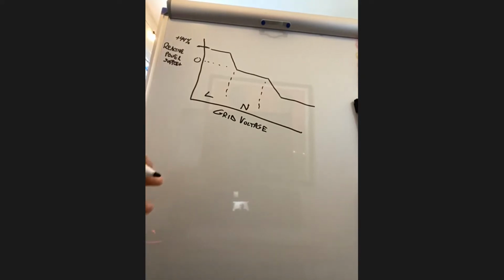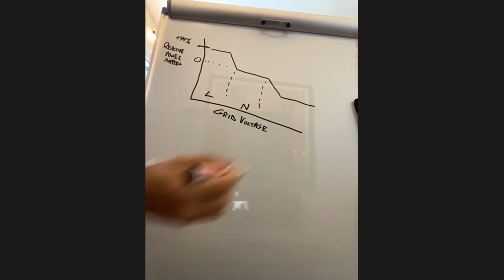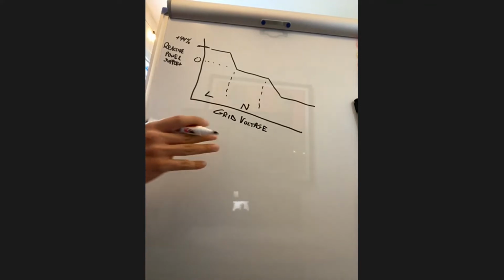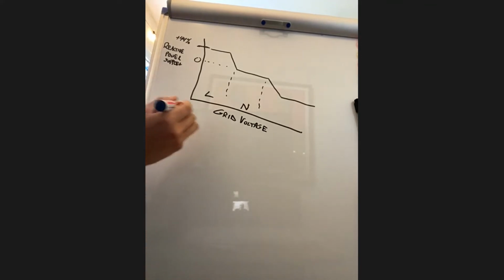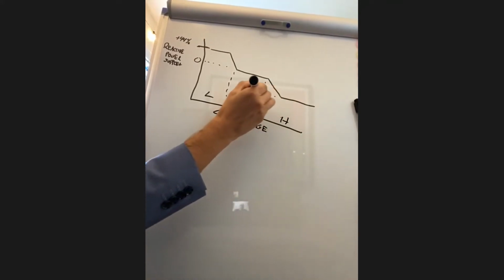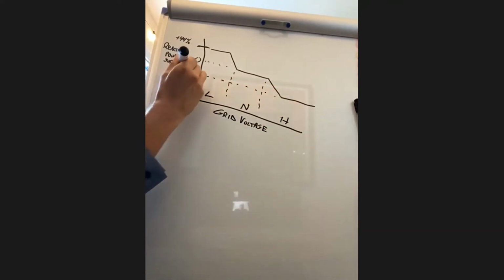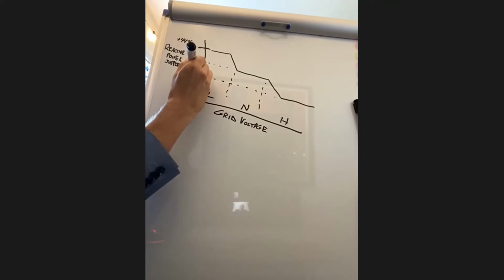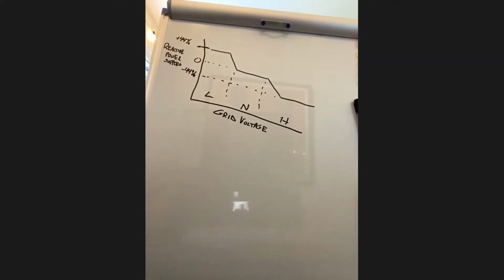We can get into reactive power versus real power, and I can draw the power circle and show you technically how some of that works. This is just a quick introduction. And then when grid voltage is high, what I need you to do is absorb reactive power. So give me negative 44%, just for example.